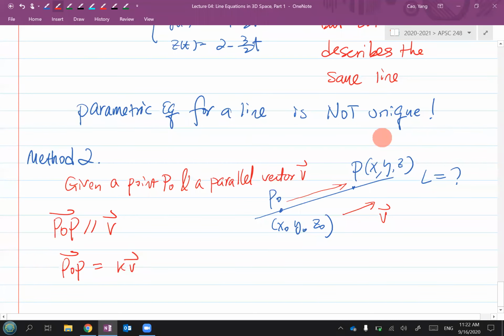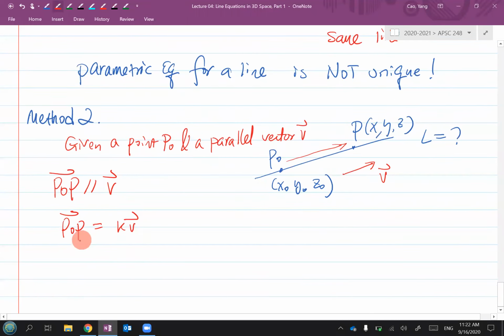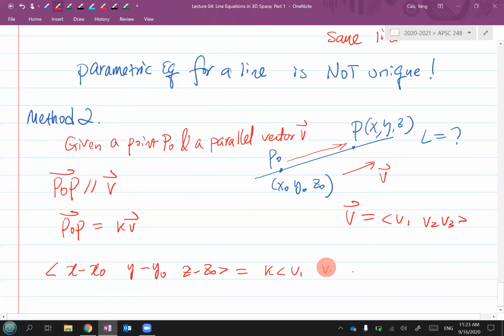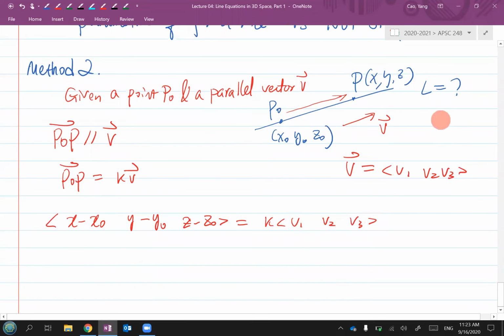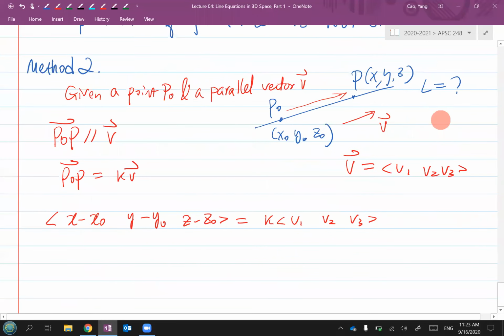Okay, so now I will substitute all these things over here. Suppose V equals V1, V2, V3, which is the given parallel vector. Then on this side, you have X minus X naught, Y minus Y naught, and Z minus Z naught equal to K times V1, V2, V3. Good.